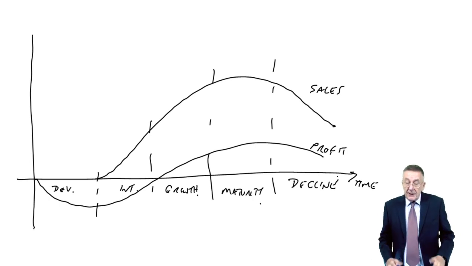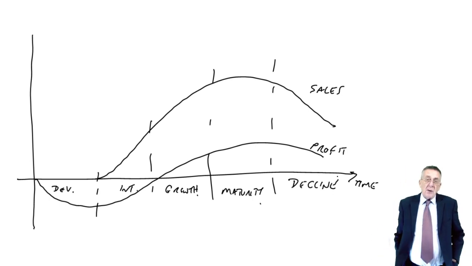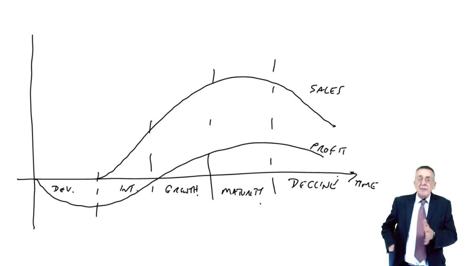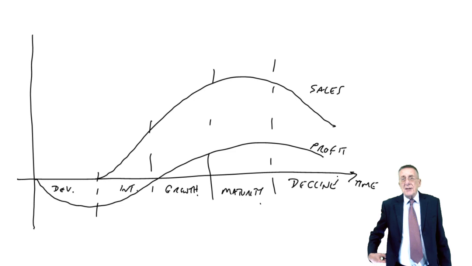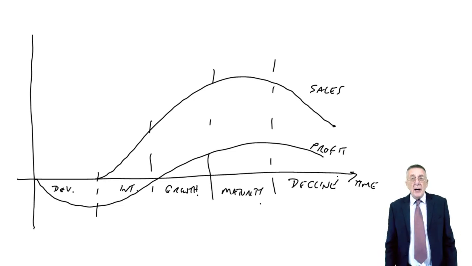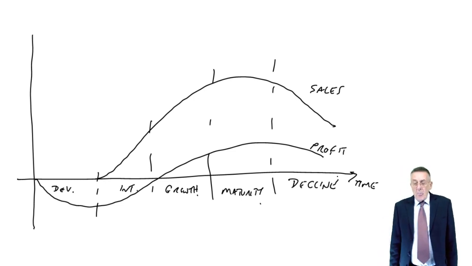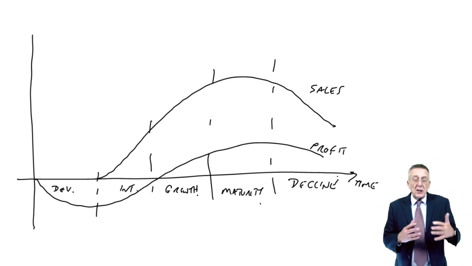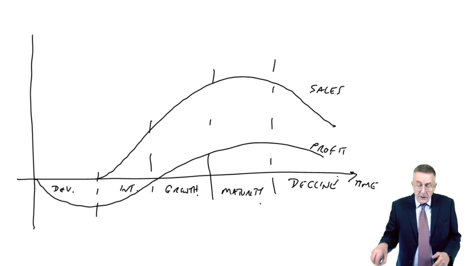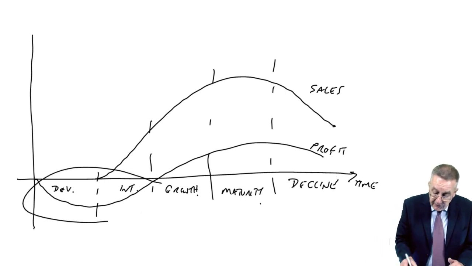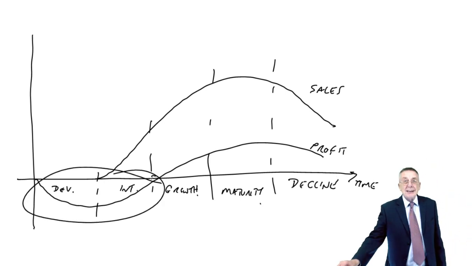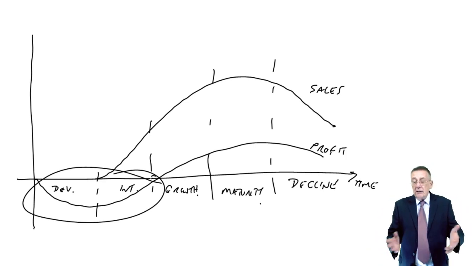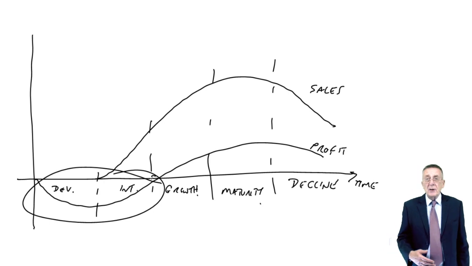And as you'll see when we come into it, if we acknowledge that products are going to work like that, then we've got to be very careful and take it into account when we're fixing the selling price or deciding whether to go ahead even. You see, the development phase may take a while, and it may cost a lot of money, and if we realise that there's going to be quite a while before we start making any profit at all, if we are only going to think in the short term, we may say, oh, it's going to make a loss over the next few months.